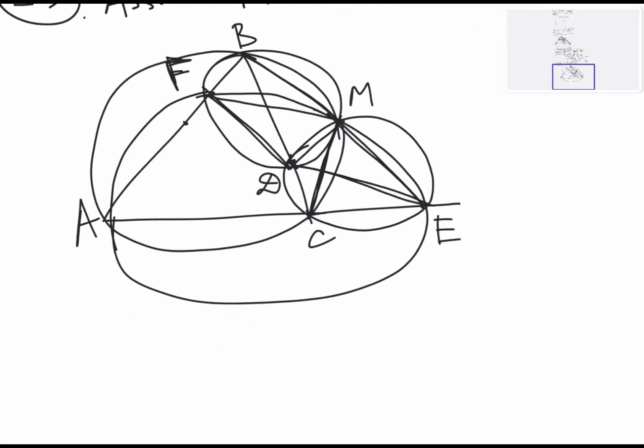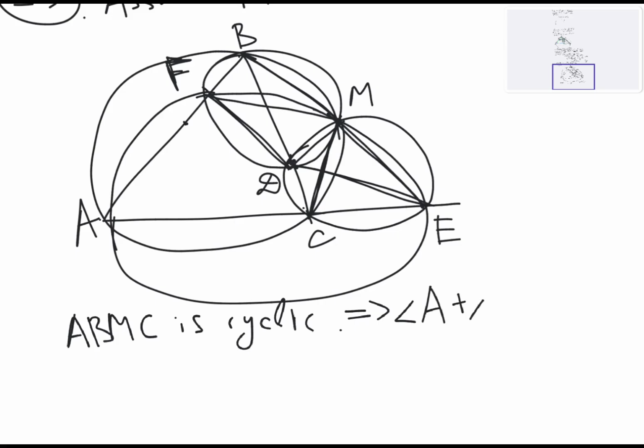Because ABMC is now cyclic, because M lies on the circumcircle, from this we conclude that the angle A plus the angle BMC is equal to 180 degrees.